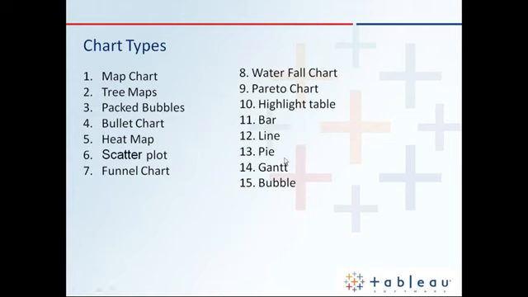Map charts we are going to use most of the time. Tree maps, bar charts, line charts, and pie charts we use, and also tables. So we are going to use these kinds of charts more frequently.